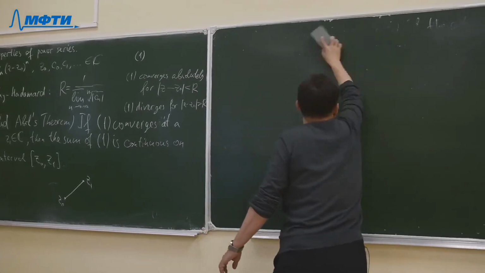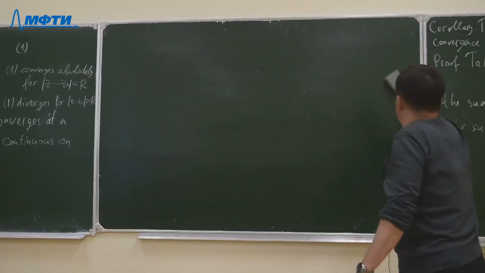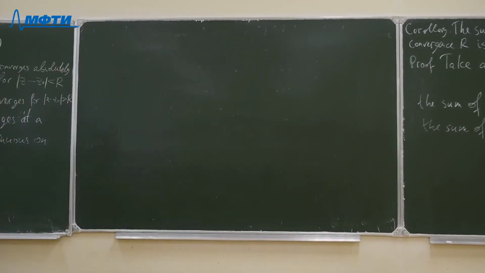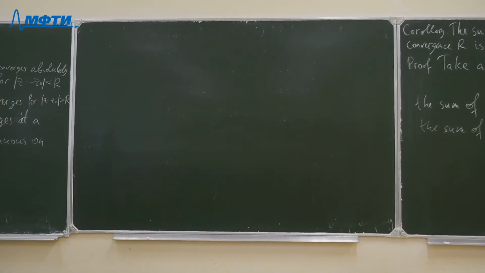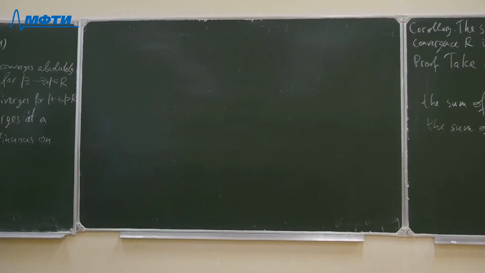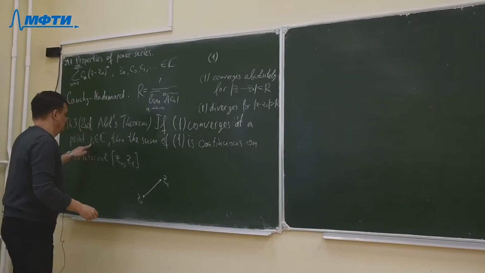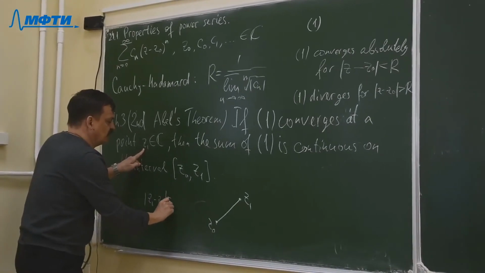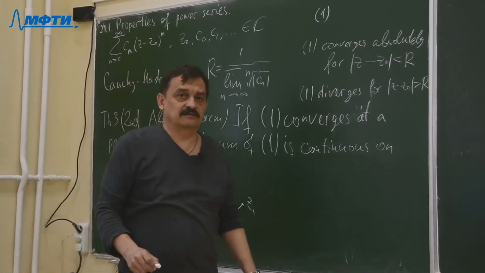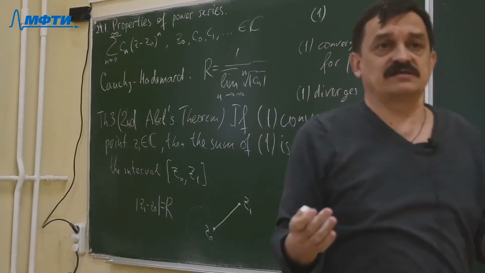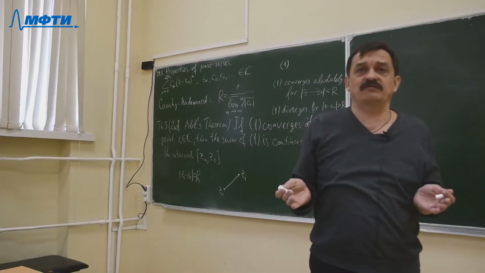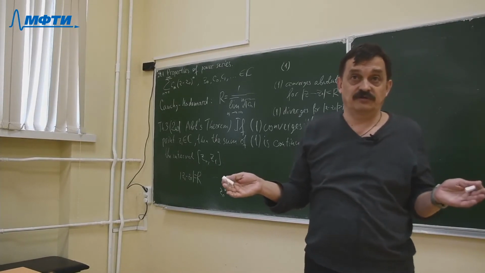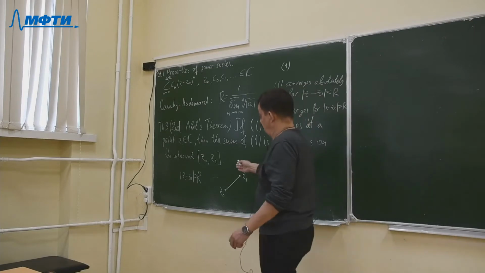Of course, this assertion has a sense only when we have the modulus of Z1 minus Z0 equal to capital R. Because if Z1 is a point inside the disk of convergence, then for sure we have continuity at every point of this interval.